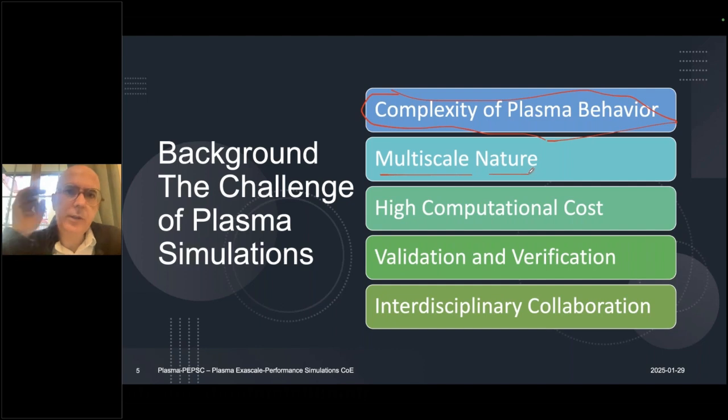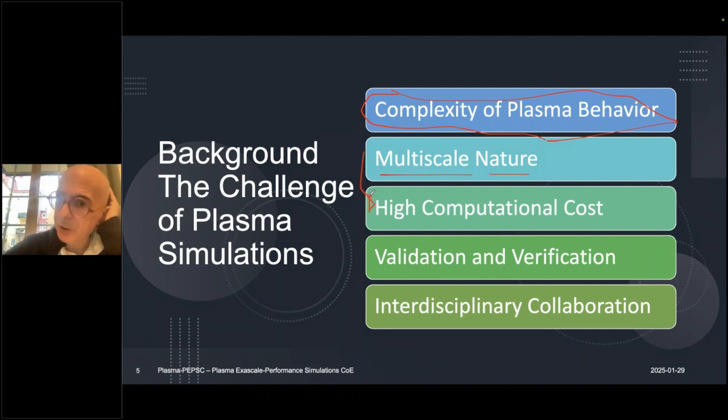So phenomena that are born very local, very, very small, are capable of affecting the whole global scheme. So we want to model the whole global system, but still we need to make sure that we can capture the birth of these phenomena at a very small scale. So these require a high computational cost.